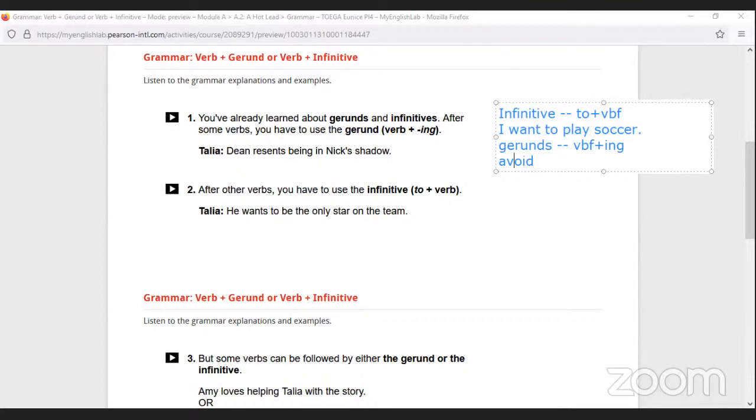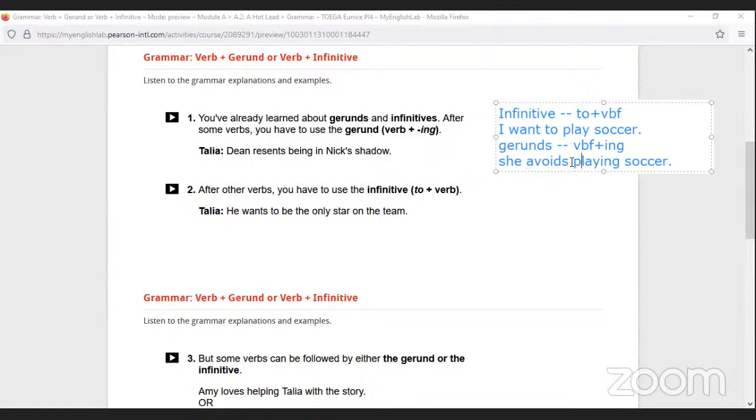For example, she avoids, because it is third person, she avoids playing soccer. So this is the gerund: play with -ing. After avoids, I will always use only a gerund.